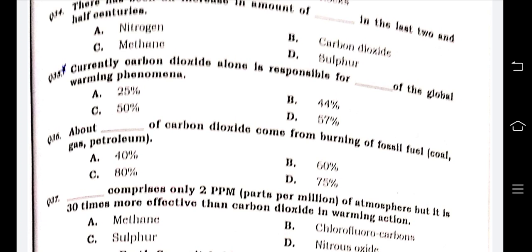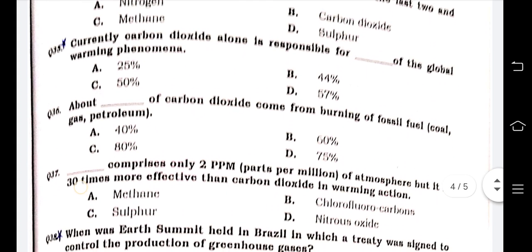Option A 25%, option B 44%, option C 50%, option D 57%. So currently carbon dioxide alone is responsible for 57% of global warming phenomena.